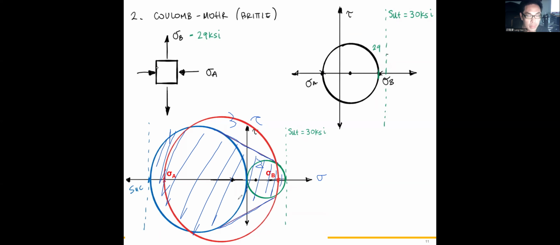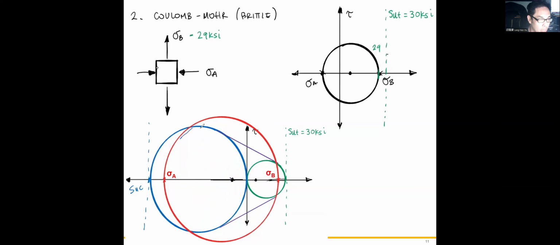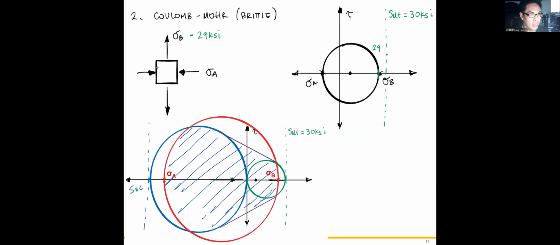In this case, the safe area should be here, because the red circle represents the stress condition of this element.